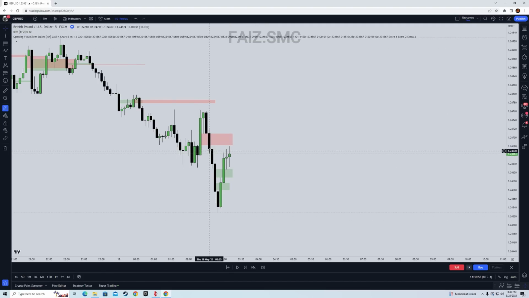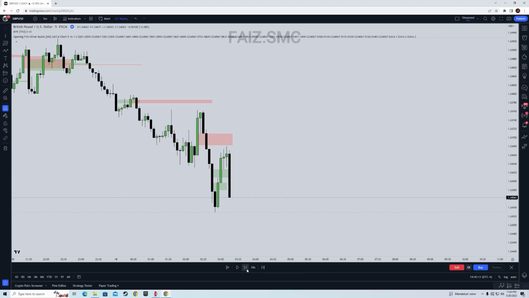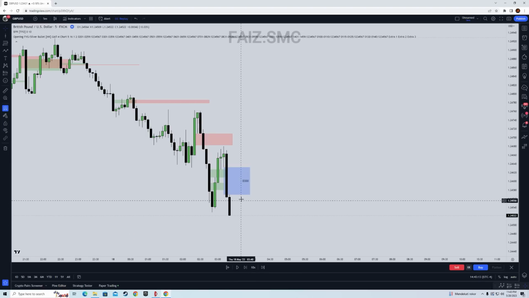Okay, so this is when, at 3, sorry guys, the London session, silver bullet session starts, right? So now we're going to look for a fair value gap that forms, and as you can see, the second indicator, the ICT silver bullet indicator, shows that this is the first fair value gap that is formed after 3.